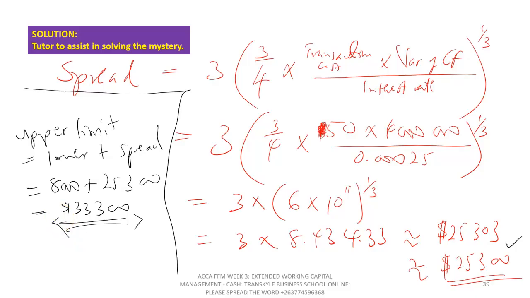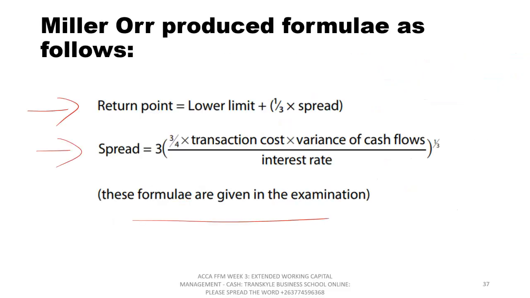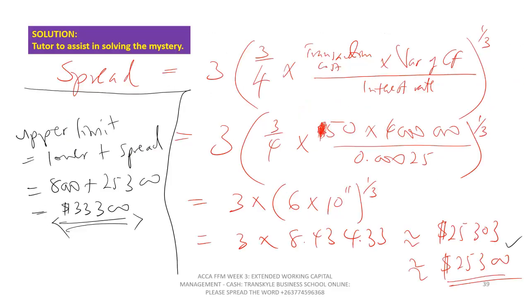What about the return point now? The return point is given by lower limit plus 1/3 multiplied by spread.